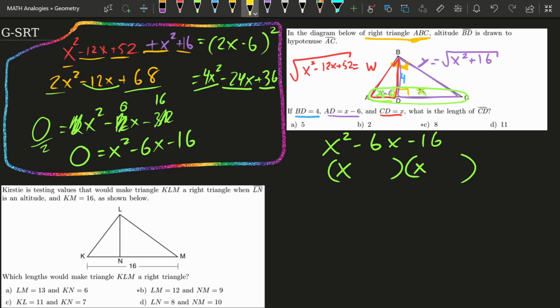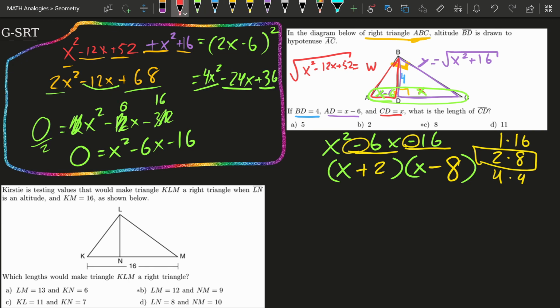The signs will need to be different, so we'll do a plus and a minus, and they'll multiply to 16 while subtracting to 6. 1 times 16, 2 times 8, 3, nope, 4 times 4, and we circle back. So what is going to subtract to 6? 2 and 8. So a negative 6, we'll load it with a heavy negative 8 and positive 2.